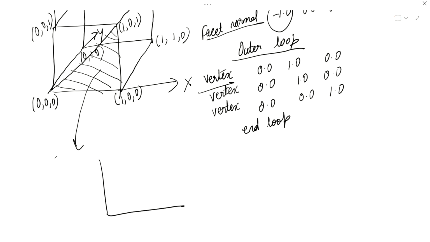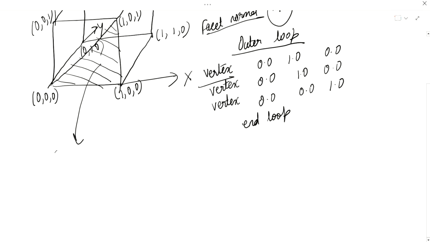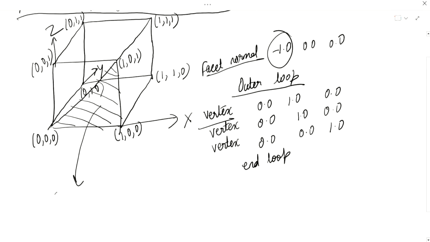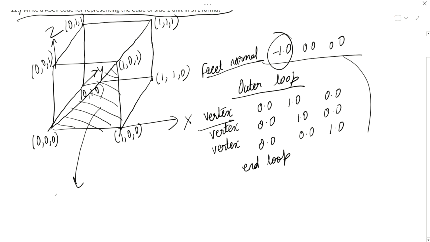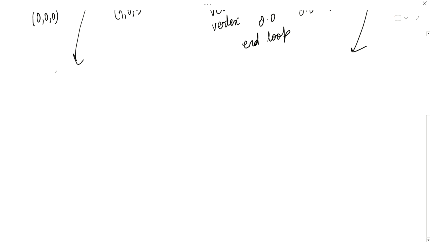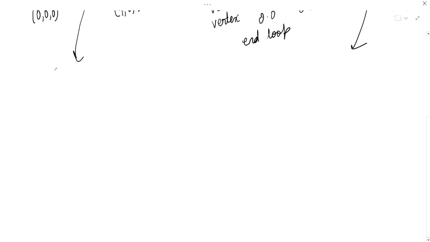Now one thing you need to see is that each time this is always the facet normal. When we represent it, it is the unit vector in the direction of the facet normal.